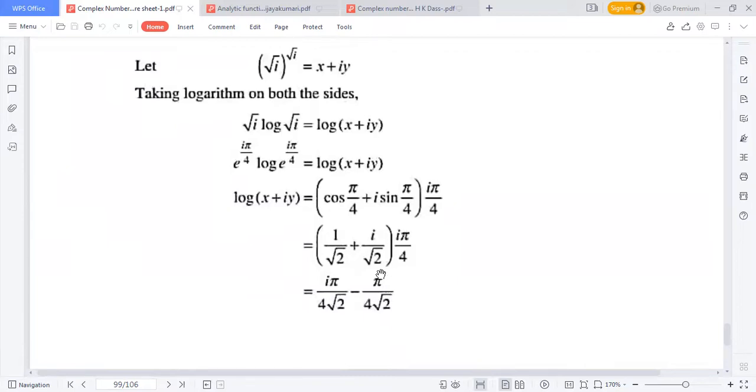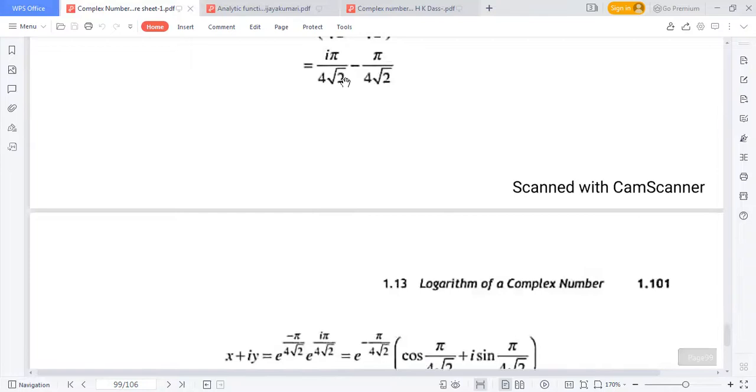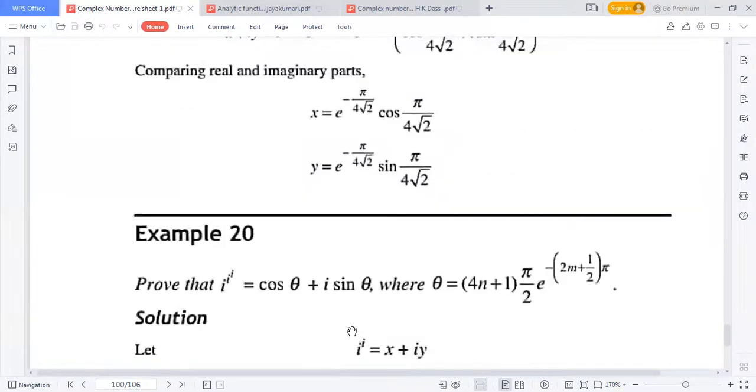Multiplying this with this, you get this one. So x plus iy equals log e to the power this whole. So e to the power this is the constant, and e to the power i pi by 4 over √2. So e to the power minus pi by 4√2 over 2 equals the cos theta plus i sin theta formula. Now comparing real and imaginary parts, same procedure.